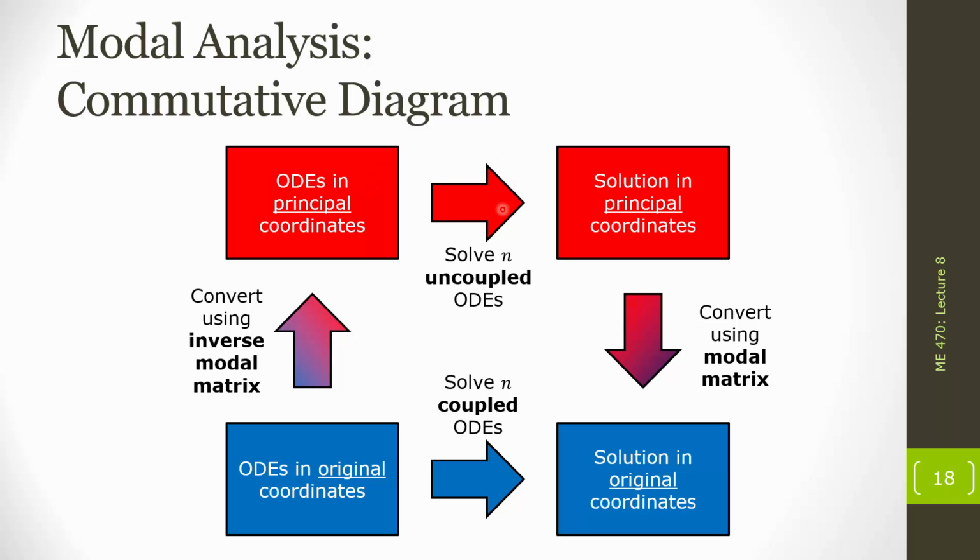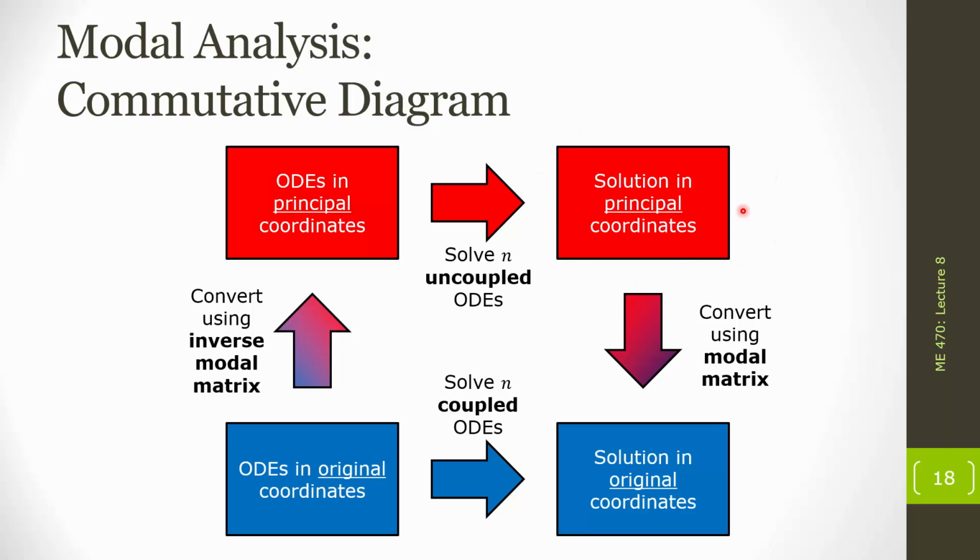And that's much, much easier to solve because it's just a series of single degree of freedom systems that we need to solve, instead of down here a series of coupled systems. So going from this step to this step is pretty easy, because each Q is only going to be oscillating at a single natural frequency. So now we have our solution for Q1, Q2, Q3 in the principal coordinates.